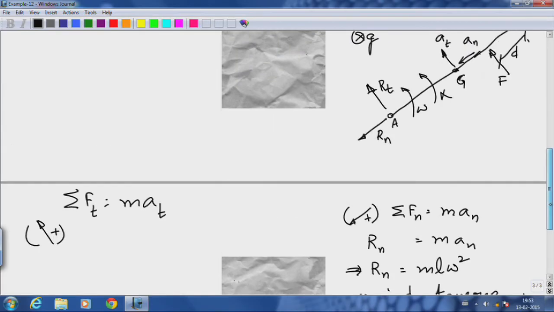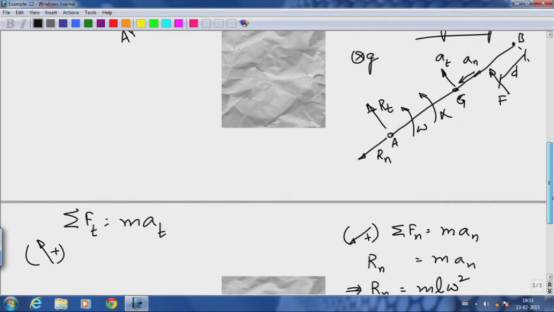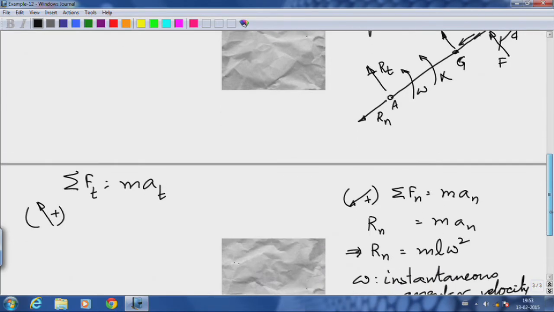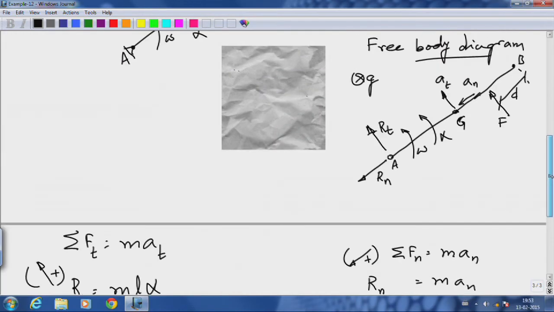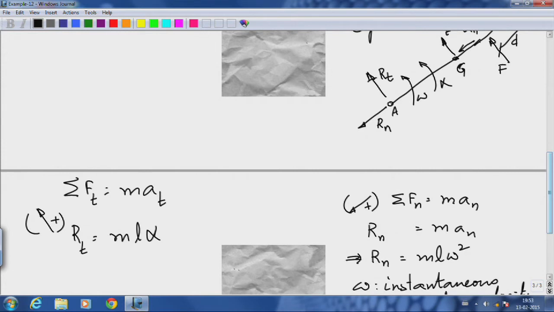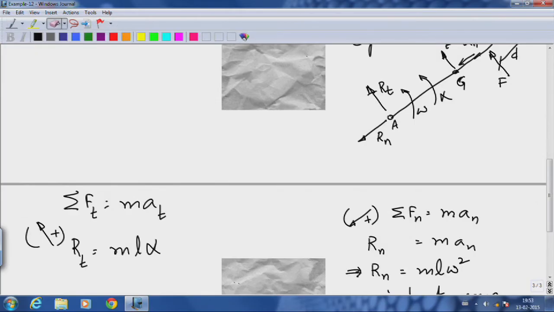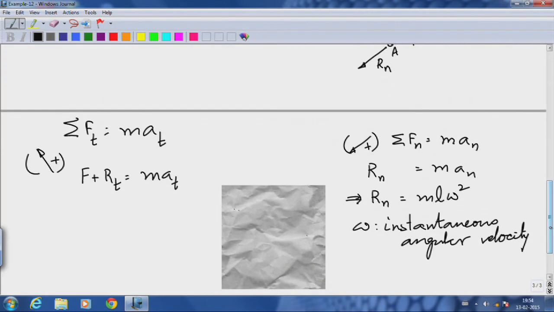With tangential meaning tangential to the motion or perpendicular to the rod, RT is not the only tangential force, there is F as well. So, F plus RT equals mass times tangential acceleration, F plus RT equals ml alpha.